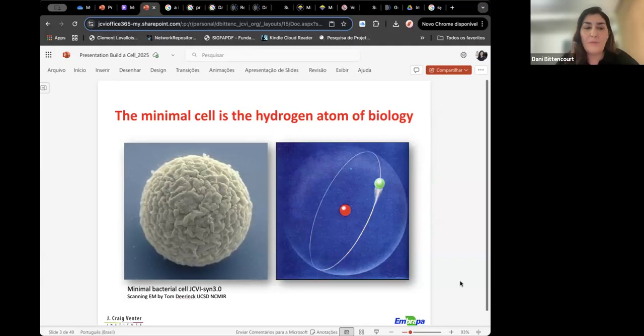So we can say that the minimal cell is the hydrogen atom of biology. Because of this simplicity, it is a very interesting chassis to develop different kinds of metabolic studies to try to understand at least the principles of life. What is really necessary for us to consider an organism as alive?